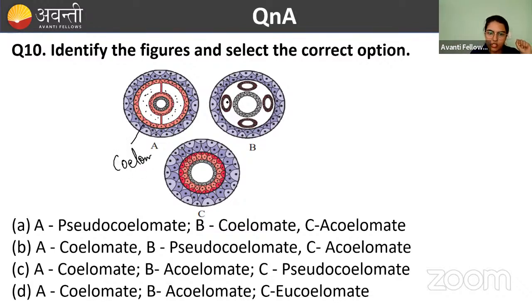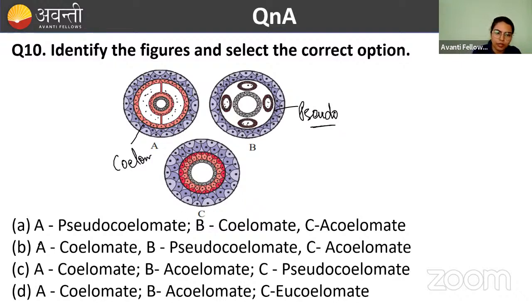And here there will be patches, यहाँ पे patches हैं, you will be seeing patches, so that means you can consider them as false coelomate. Okay, the word is pseudo. Pseudo refers to false, मतलब true नहीं है, true coelomate नहीं है. So it is half coelomate you can consider, or false coelomate. चलो, और यहाँ पे देख लो, there is no presence of coelom. कहाँ पे coelom है? सारे तो mesoglea भरा पड़ा है, यहाँ पे कुछ नहीं है.